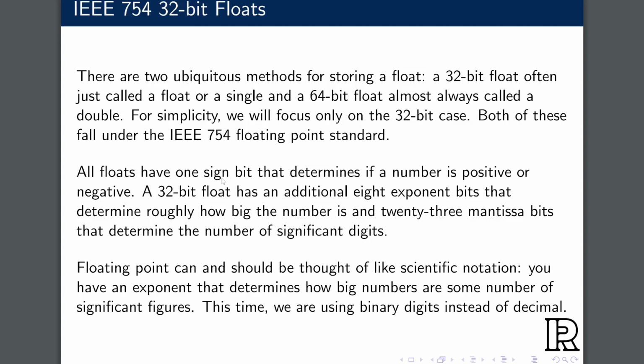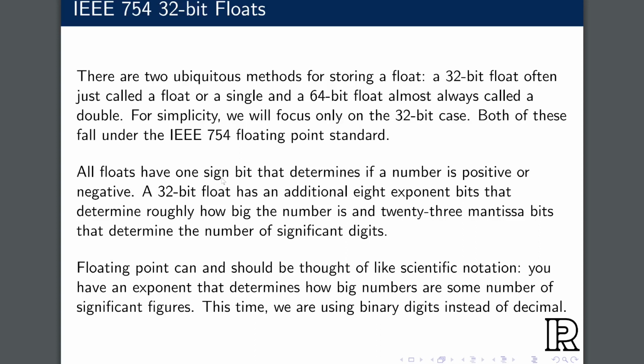So then we allocate 8 exponent bits to determining how big the number is. You can think about it like this: I have these 8 bits to play with, and we're going to use them to tell you how big the number is.